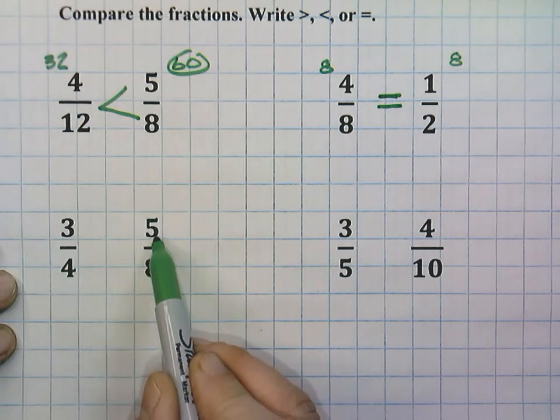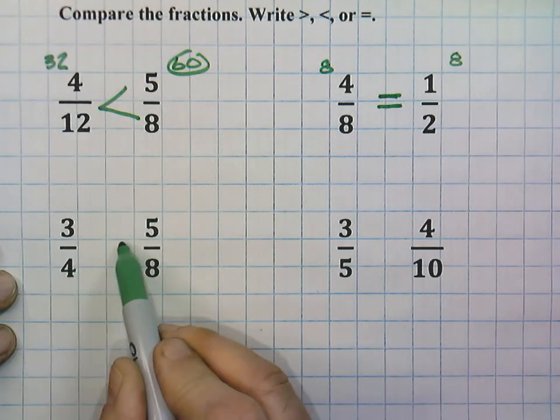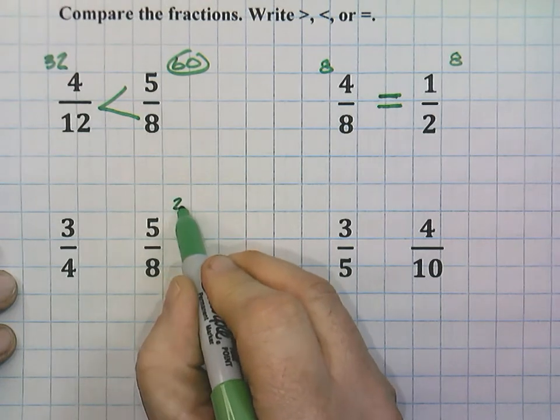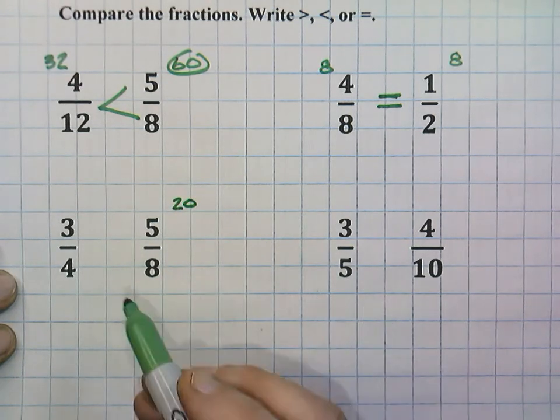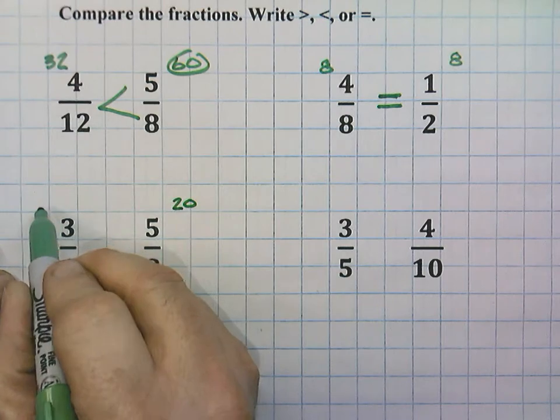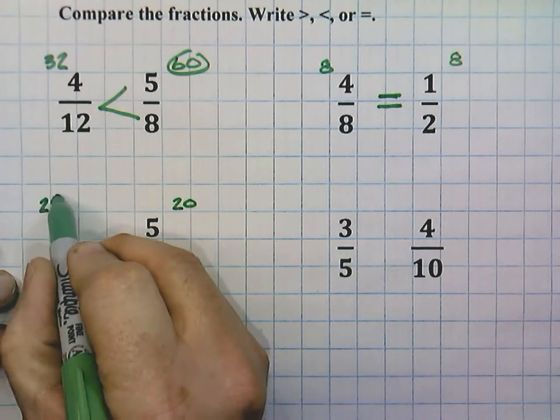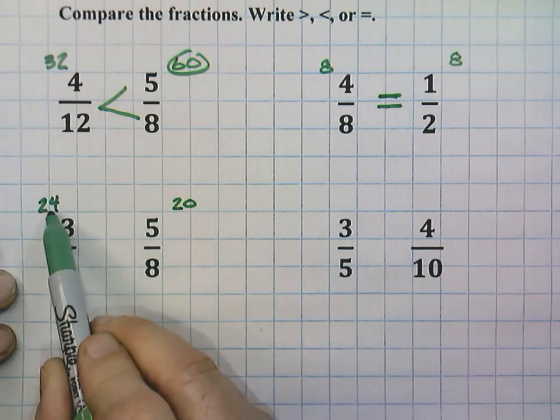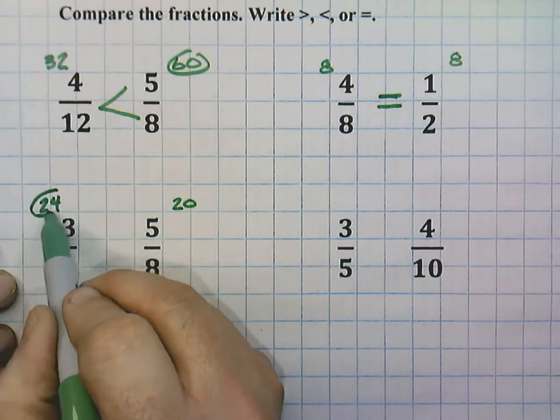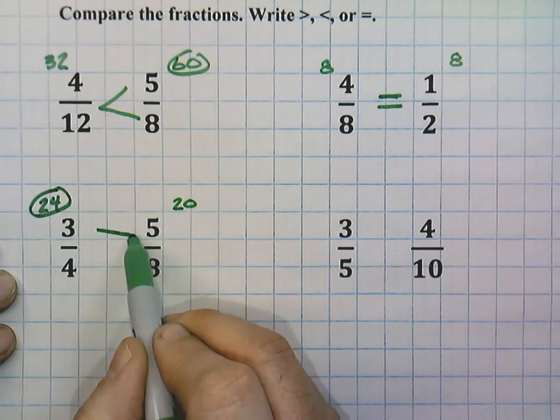3/4 compared to 5/8. 4 times 5 is 20. 8 times 3 is 24. And when I compare, 24 is greater.